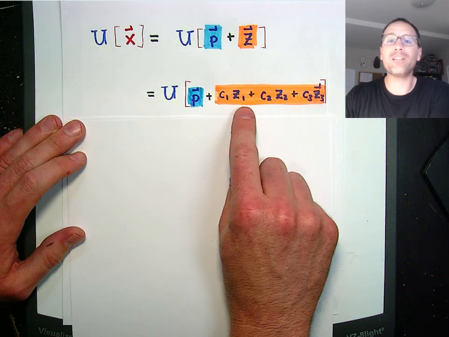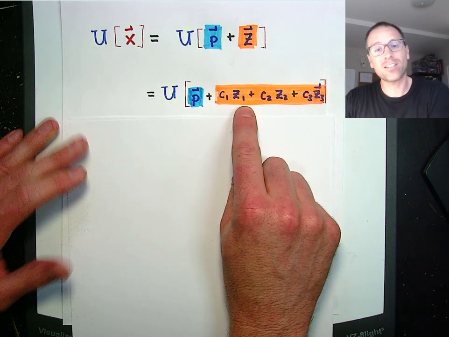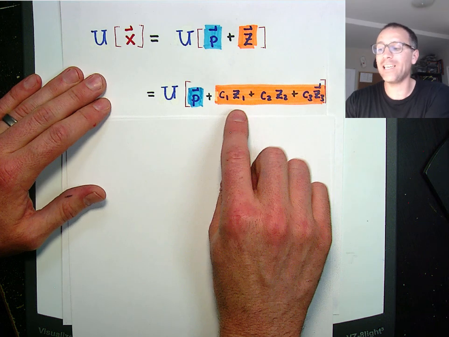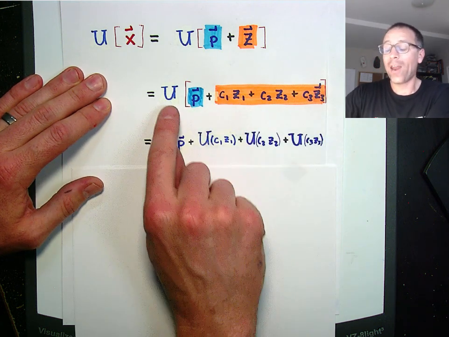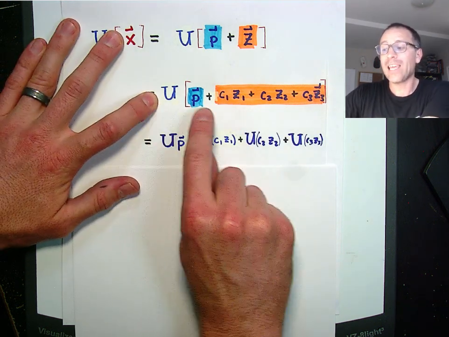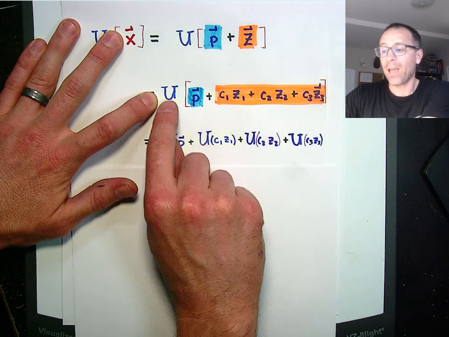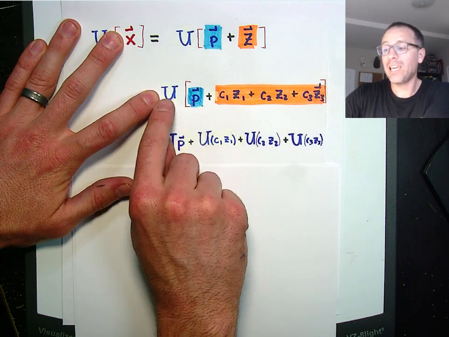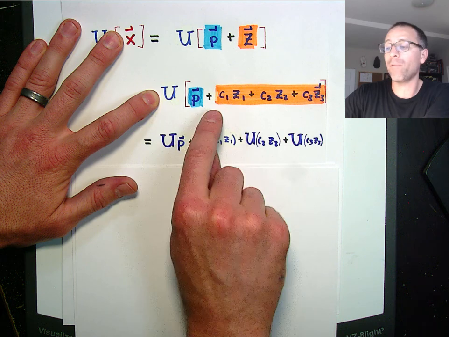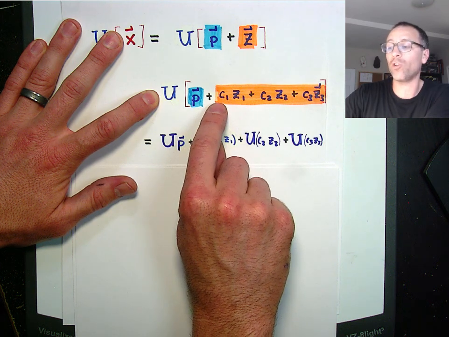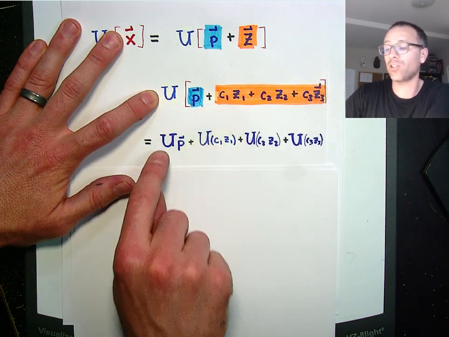We will formally develop this theory as the lesson goes on, but the whole idea is when we multiply u inside this sum, we can distribute u to the p and then distribute u individually to each of the scalar multiples times each z. So that's literally just distribution.